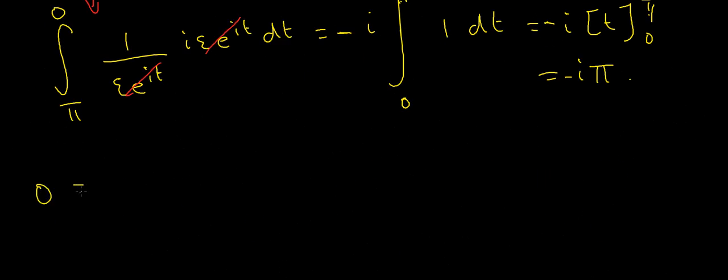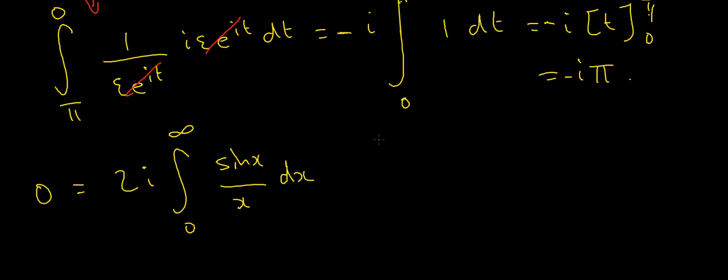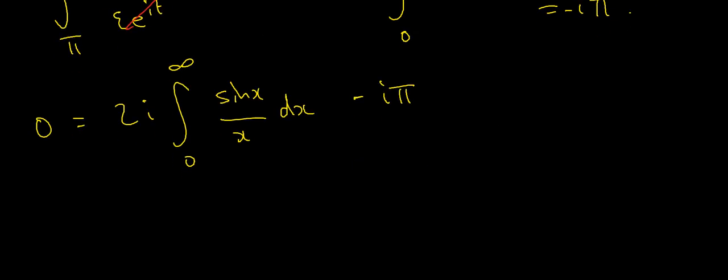So 0 is equal to 2i times the integral from 0 to infinity of sine x over x dx, plus a bunch of zeros, which cancel. And then I'm going to have minus i pi, and that was the integral over little gamma. That's where that contribution came from.